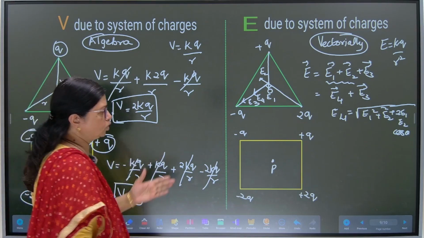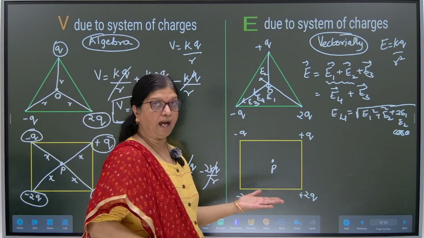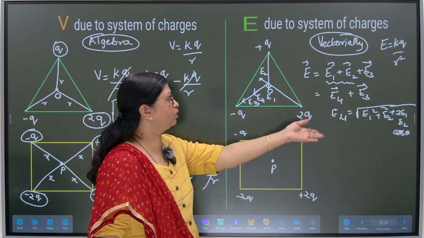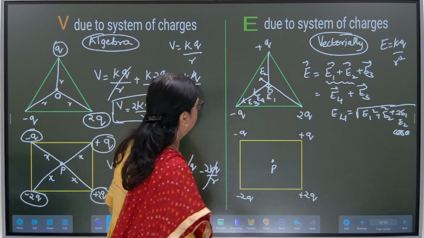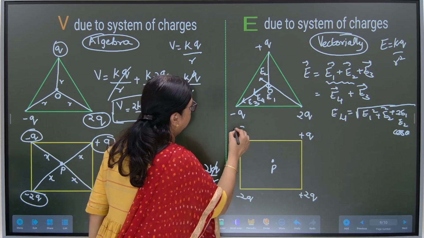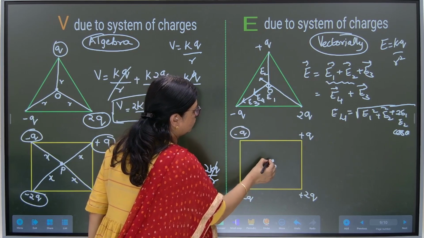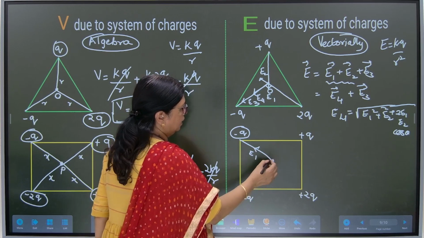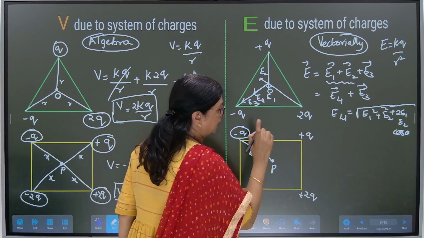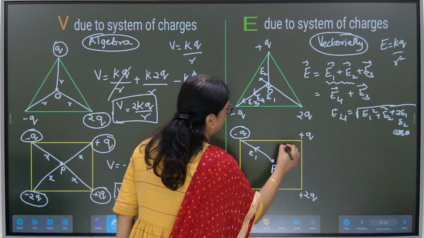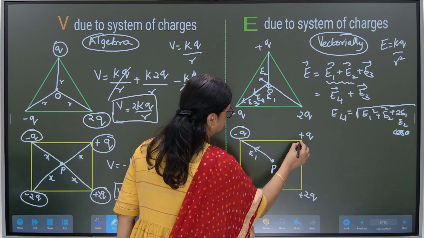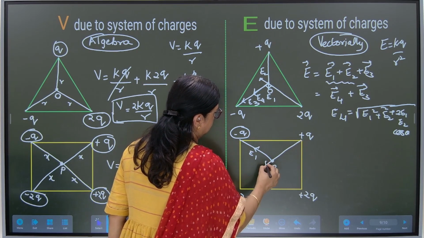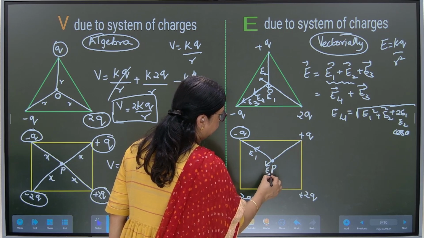I will put the directions here also, find out the individual electric fields' directions and add them vectorially as done here. So now start from here. Point towards the charge. Let me name this as E1. For plus Q, from the charge towards the point, this is E2.